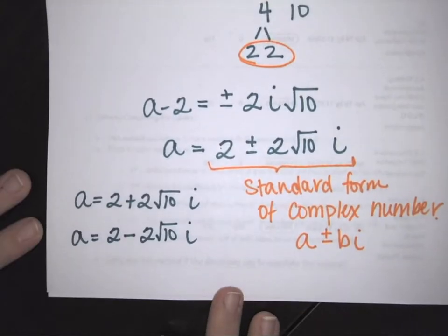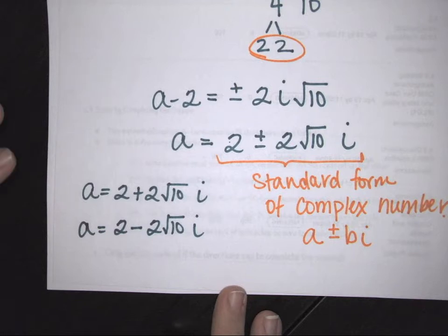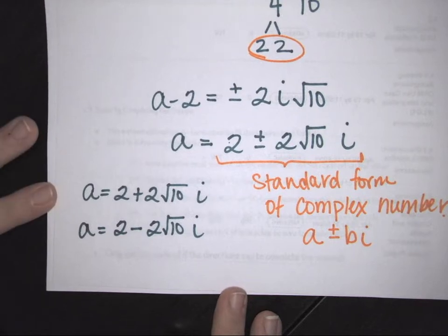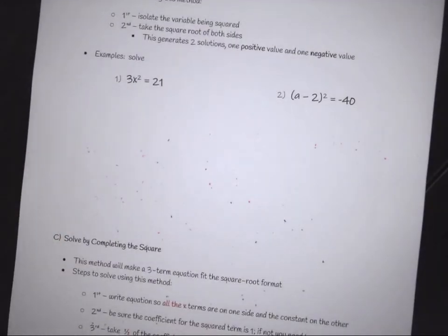Either one is going to give you the same result. Therefore, you have done everything you need to do. Okay? So those are 2 examples of solving a quadratic using the square root method.